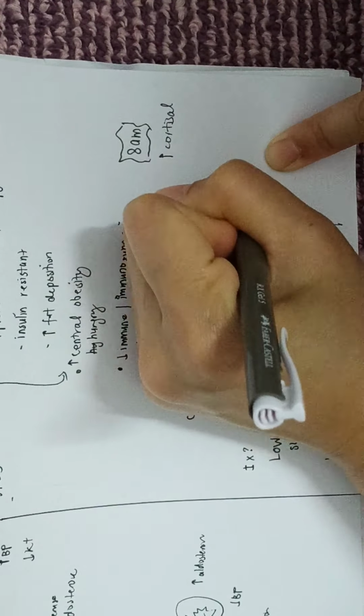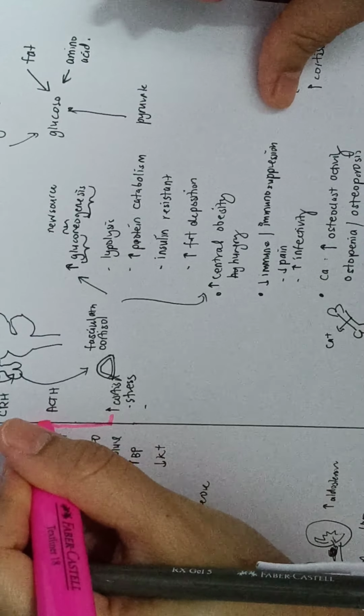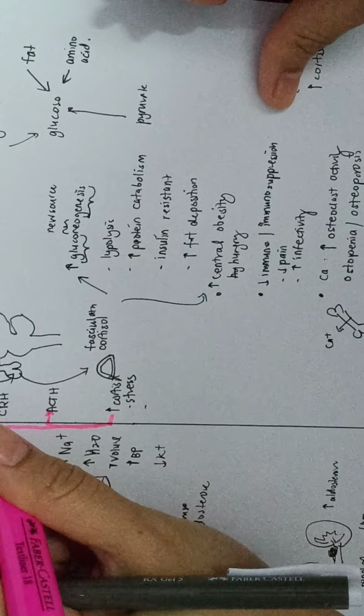In a normal condition, when you give a dexamethasone, so you increase the cortisol here, it will give a negative feedback to the ACTH and also the CRH.